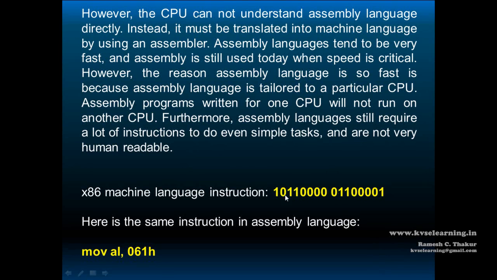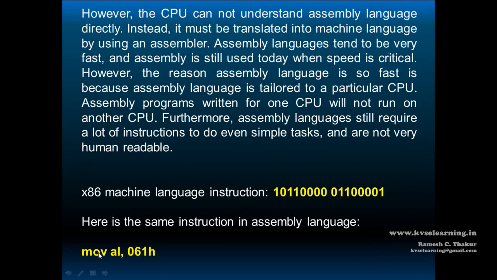So we have written this example here. This is the machine language instruction, and its equivalent assembly language instruction is written here. This instruction may be executed by the CPU directly because it is written in machine language.